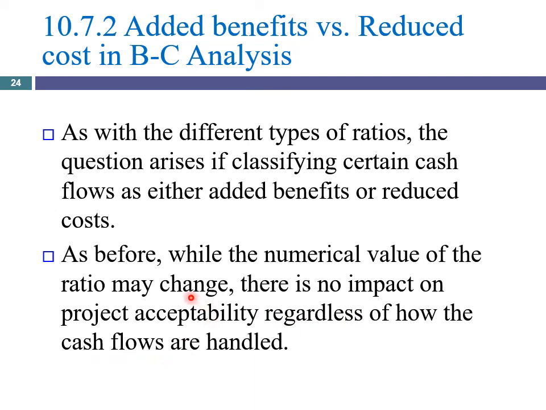The value of the ratio may change, but the final decision, the go, no-go decision, will not be affected if you consider it as an added benefit or a reduced cost.